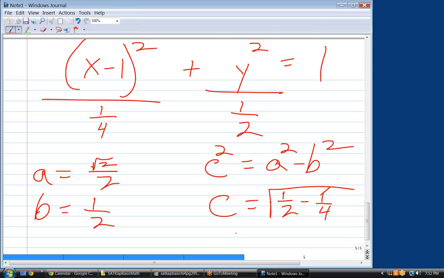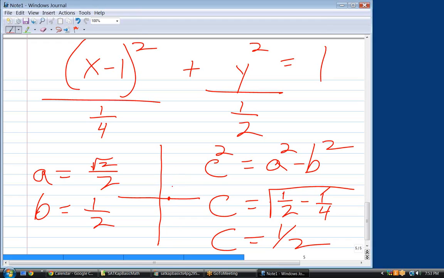The square root of 1/4 is 1/2. That's odd. You rarely find C to be the same as B. Is that even possible? Well, let's see if I can draw this ellipse. Its center is at 1, 0.